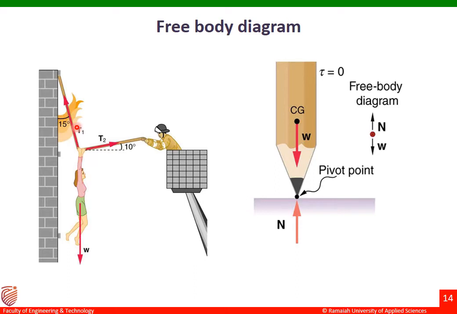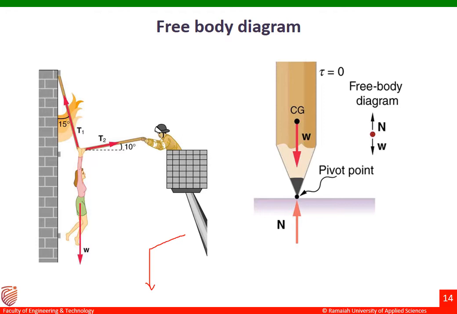It is represented as W, and then the tension in this cable towards the wall is taken as T1, and the tension in this cable towards the person is taken as T2. And the angle of T1 with respect to the wall is 15 degrees, and the angle made by T2 with respect to the horizontal is 10 degrees. Okay, so this is how the free body diagram of the given figure is represented.